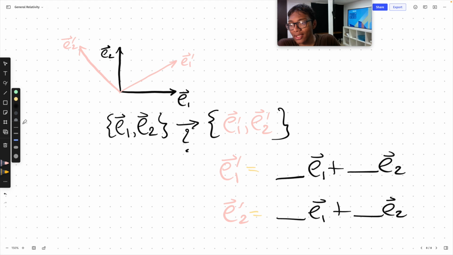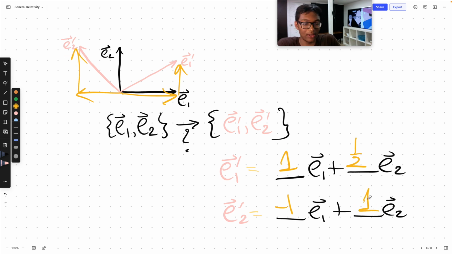Well, how much of each do we need to create E1 prime? This is just hand waving here, but let's say maybe 1 E1 and 1/2 E2 creates E1 prime. Just making up numbers here. And minus 1 E1 and 1 E2 seems to create E2 prime.